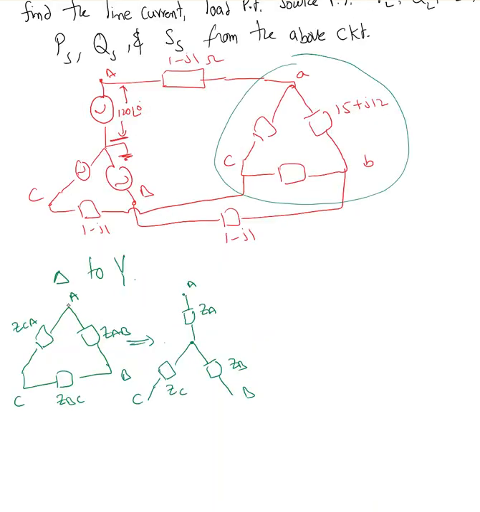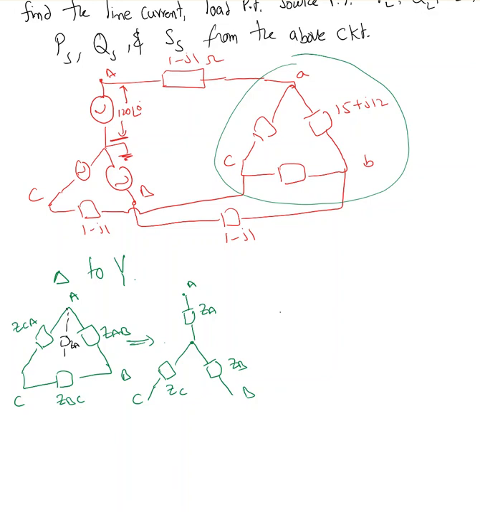Here for the delta load, we know the delta values: the impedances between AB, BC and CA are ZAB, ZBC and ZCA. Now I'm transforming this delta into a Y. I need to find ZA right there.